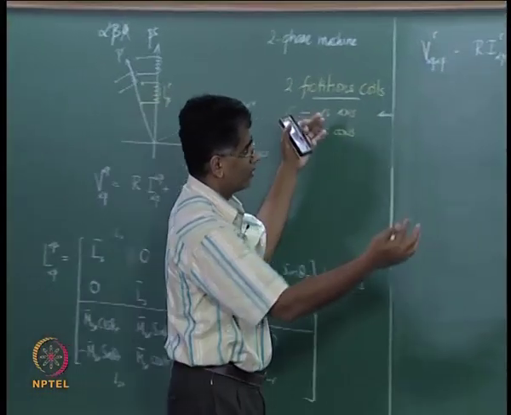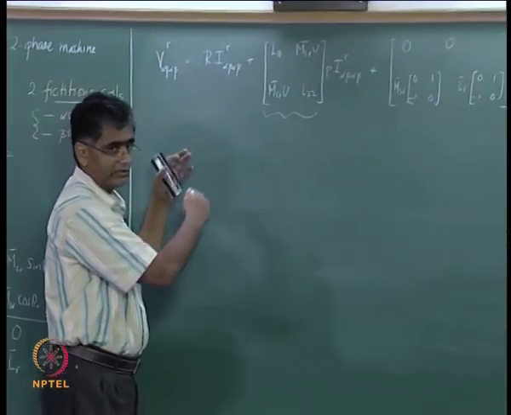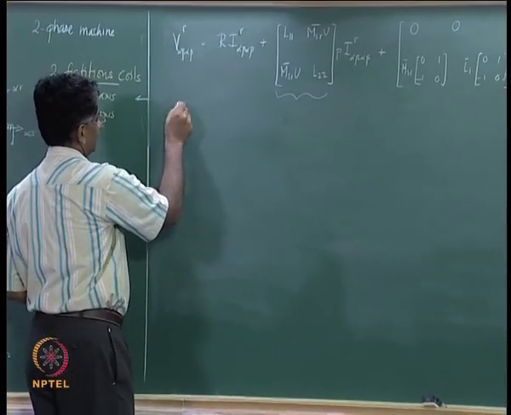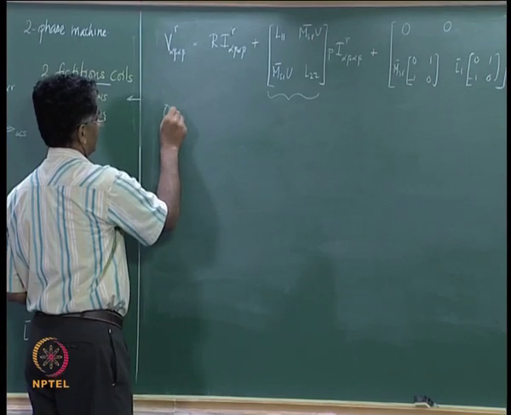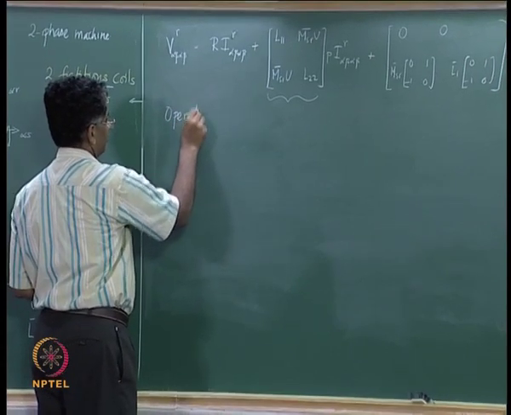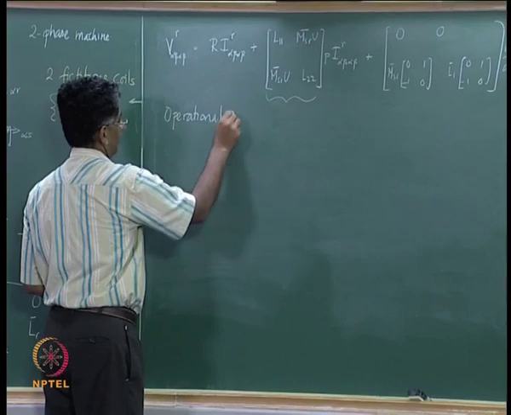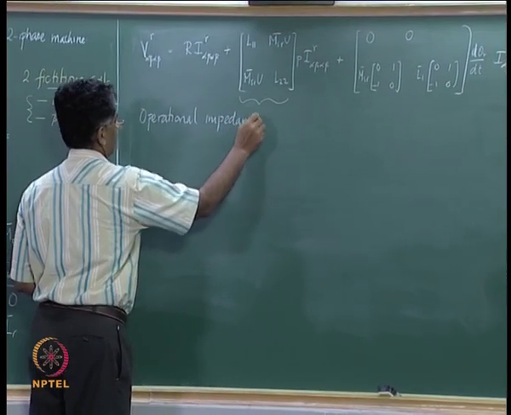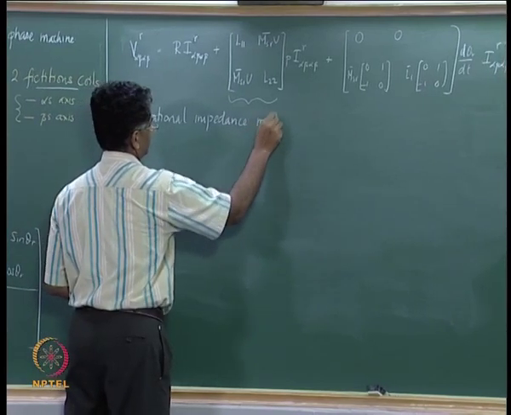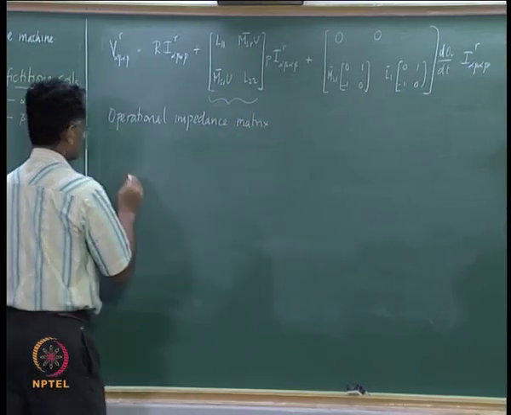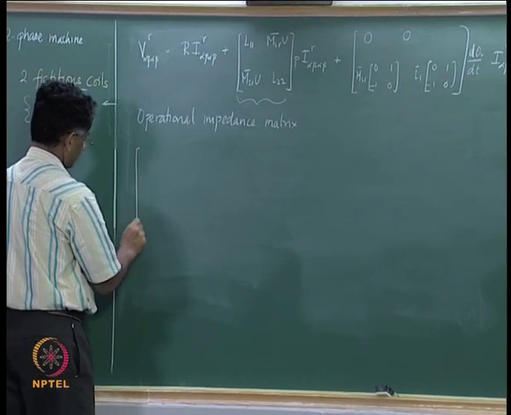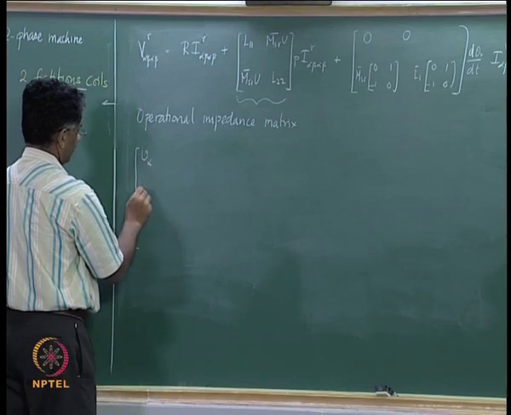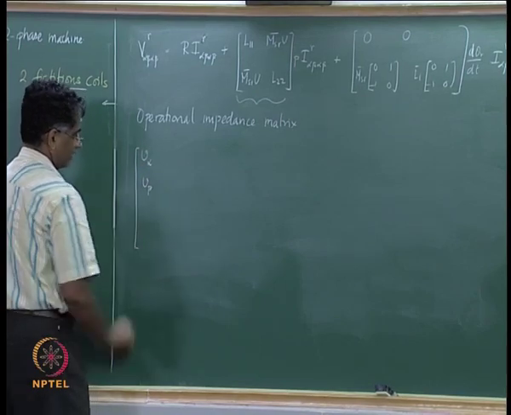So, we can now try to compress all these equations and write this in a form which is similar to what we did earlier, the so called operational impedance form, operational impedance matrix, where we will expand this term V alpha, V beta.